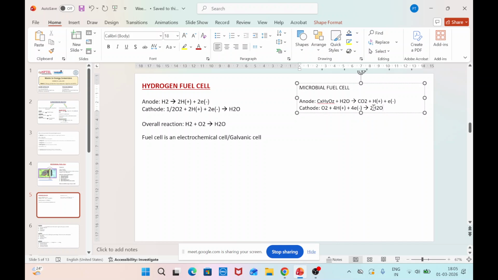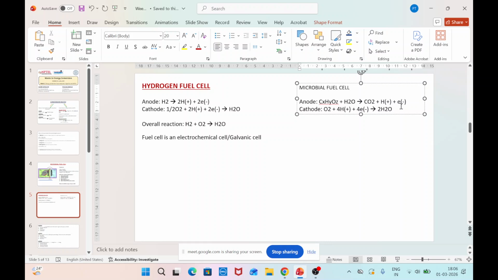So this is the reaction that happens in the microbial fuel cell. Here the CO2 gets generated in the anode compartment, which is usually collected from time to time from the anodic chamber.